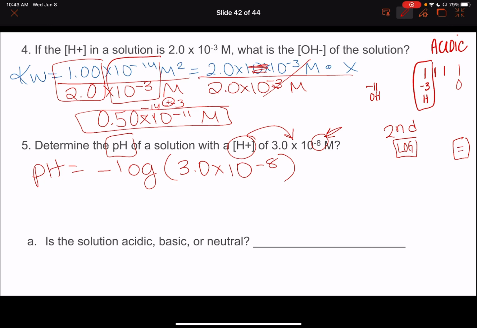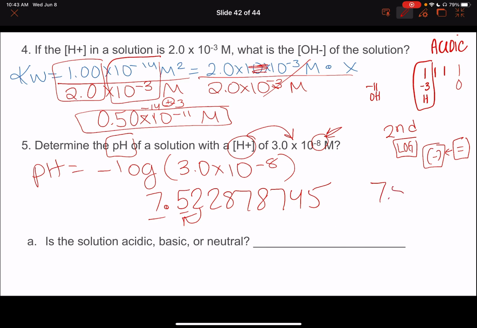Our negative is right next to our enter to the left side. So negative log, and then 3.0 times 10 caret negative 8. We get 7.52287874. We count over 2, 6, and we get 7.5.